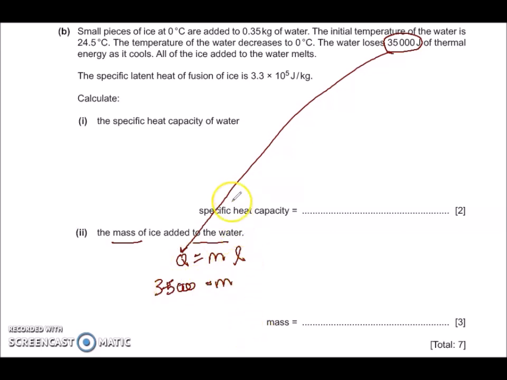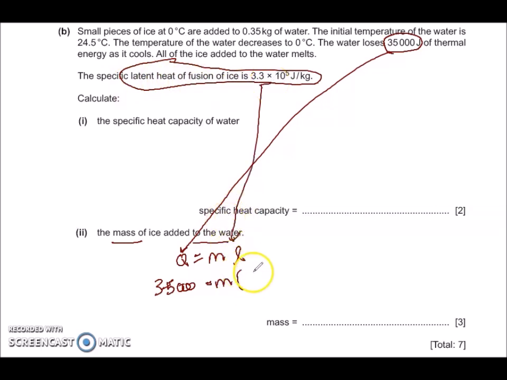And then here the specific latent heat of fusion is this. This is 3.3 times 10 to the power of 5. So this one will move there, it becomes divide. So try to divide this.